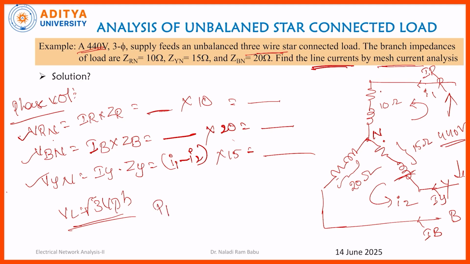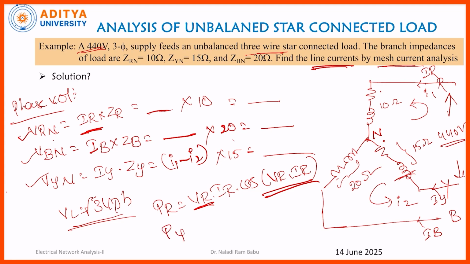Power across R phase is equal to VR phase into IR phase into cos of angle between VR, IR. Here you got the value of IR and VRN is already given, and the angle also we will be getting. Write down the power value of R phase.